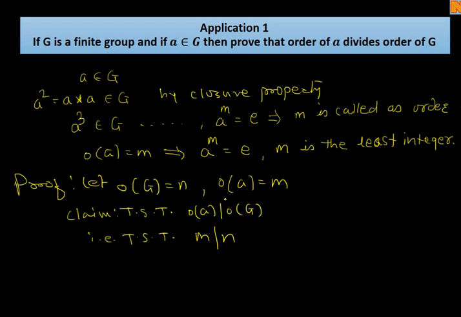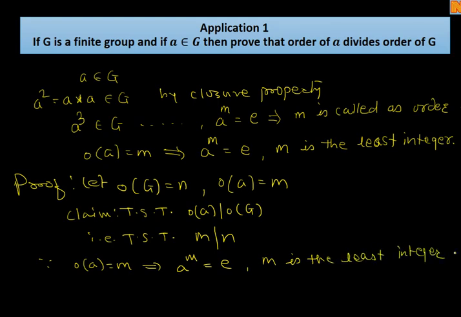Now since order of A is equal to m, this implies A to the power m is equal to e, the identity, and m is the least positive integer.